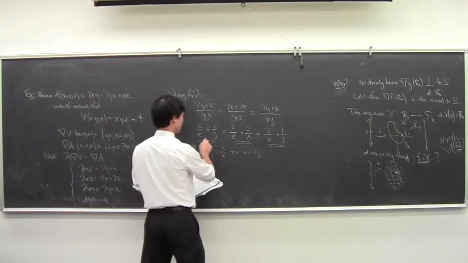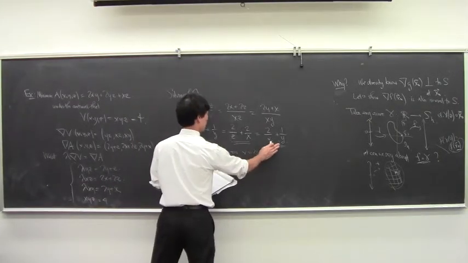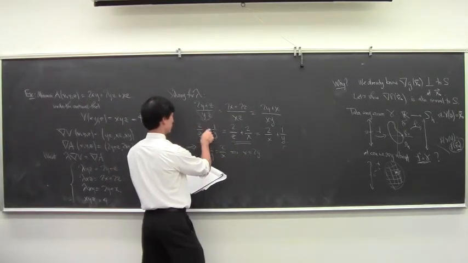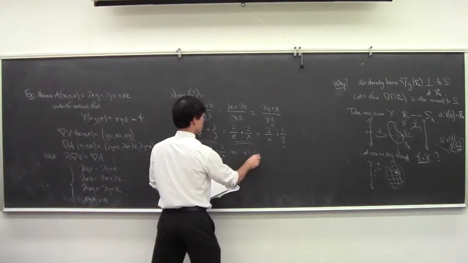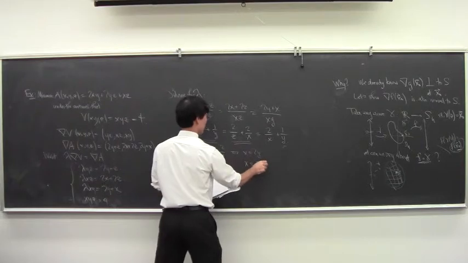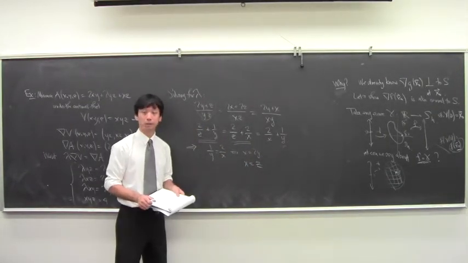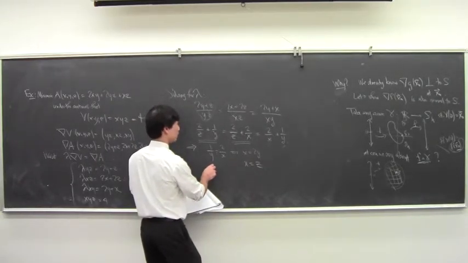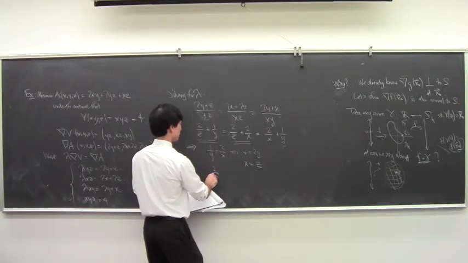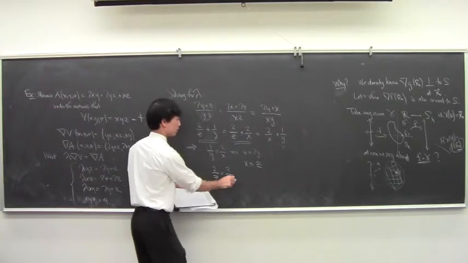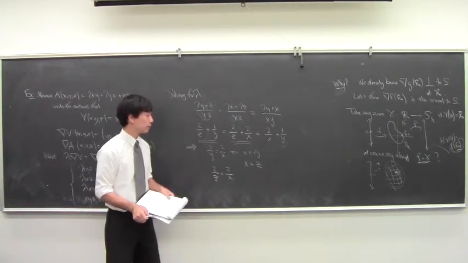If I compare the first one and the third one, then I see that x equals z, because I get 2 over z equals 2 over x. So x equals z.